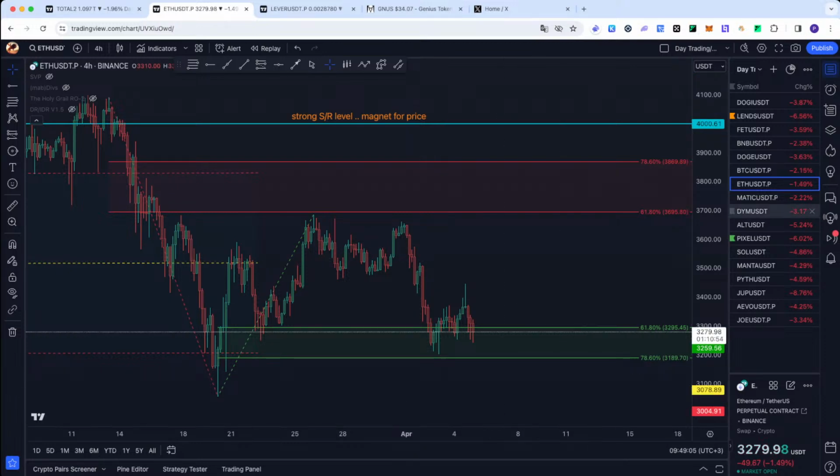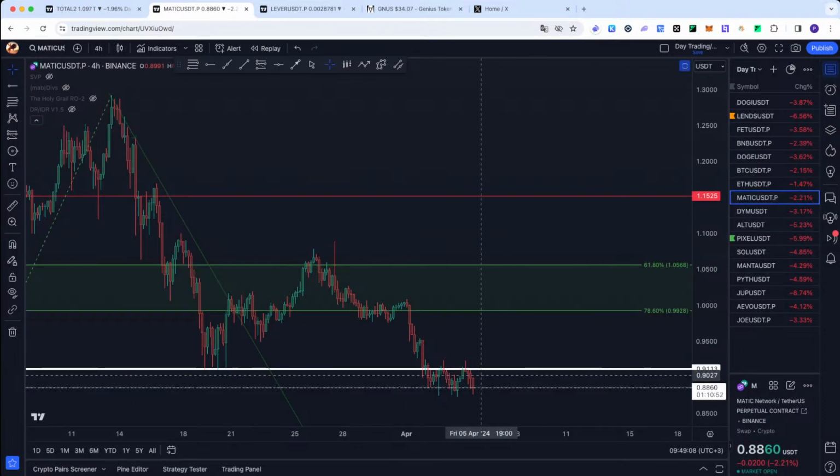Matic. You know what I said about this one? Yeah, I liked it, like power of 3, but accept above that level. Accept above that white line, and then I'll play. If it will not accept, I'll not play. It's simple. You have to understand that you have the luxury, as a small retail trader, to choose where you want to play the game.